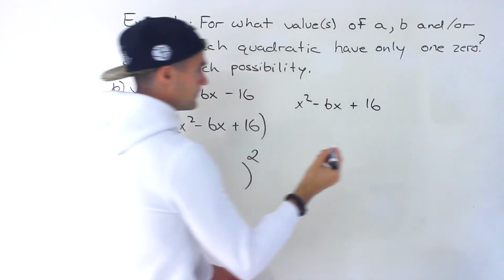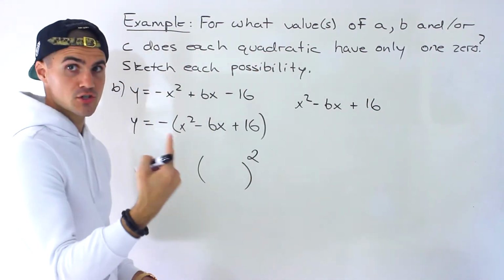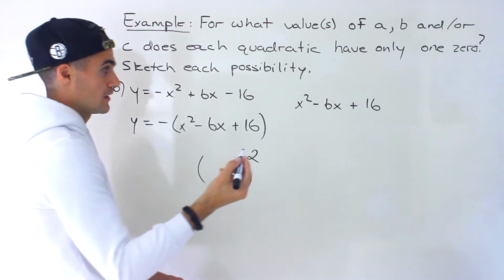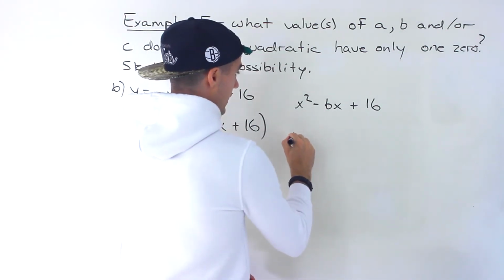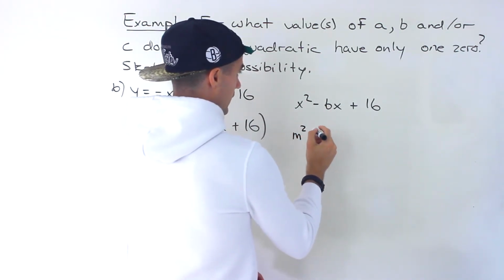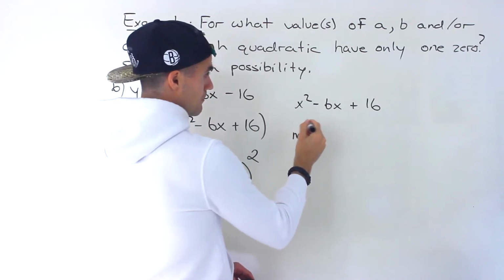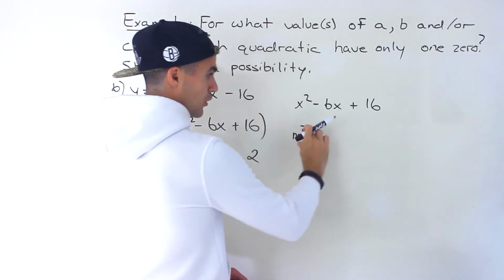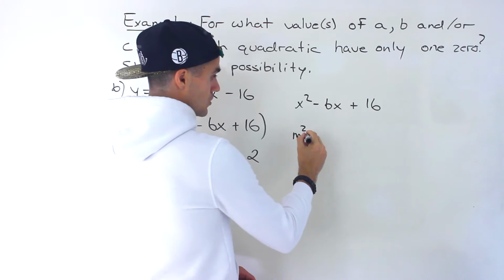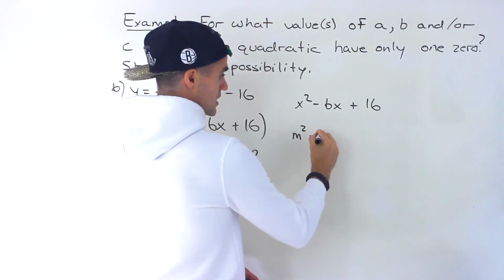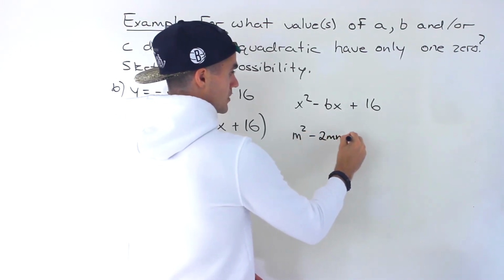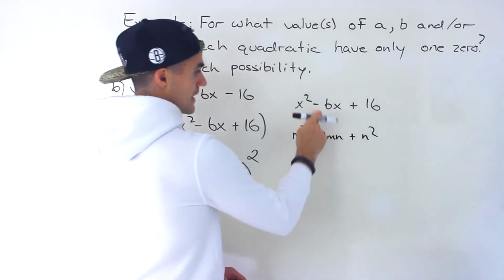has to be a perfect square trinomial. And so again, we can match it with that perfect square trinomial format. So the one I'm going to use here is going to be m squared minus 2mn plus n squared, because this is a negative here.